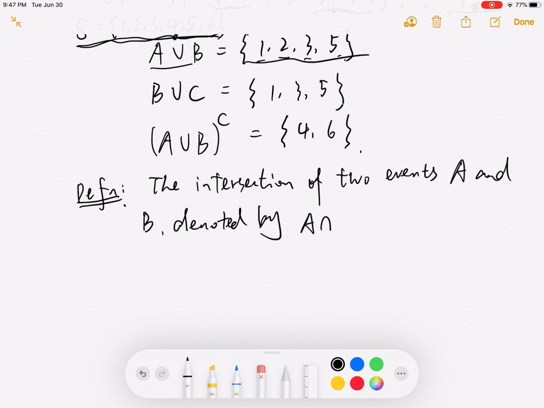Now let's take a look at an example. Example number 1. Let's say flip a fair coin. If we flip a fair coin, what kind of possible outcomes are we gonna have? Of course, it's gonna be head and tail. So the sample space S would be the set that contains the head and tail. That's the sample space. Let's take a look at number 2.